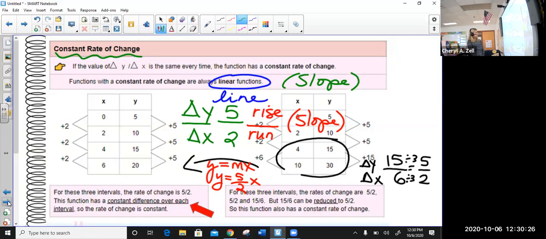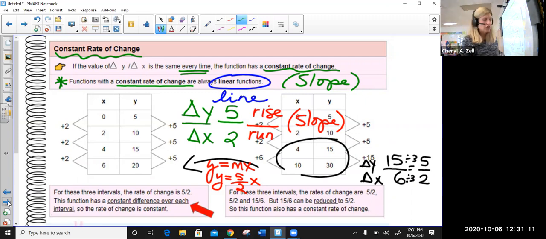If the value of the change, that little triangle stands for the change, so if the value of the change in Y divided by the change in X is the same every time, the function has a constant rate of change. So if it's a constant every single time, then it is a linear function. Functions with a constant rate of change, meaning that it's the same every time, are going to be linear functions. And a linear function, remember, has the word line in it. It's going to form a line.